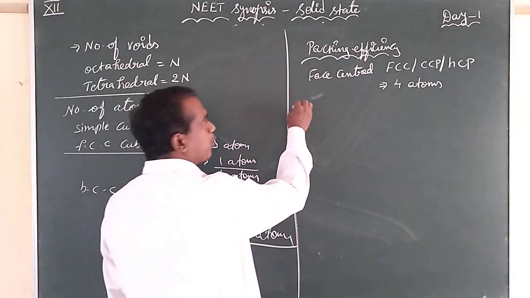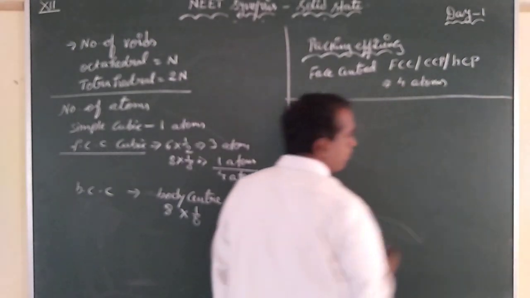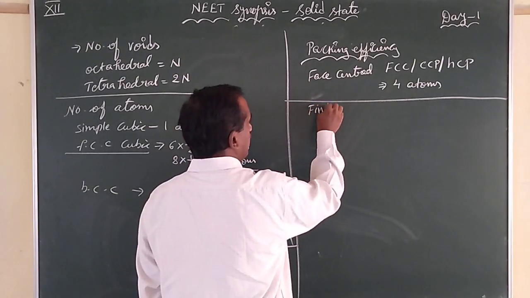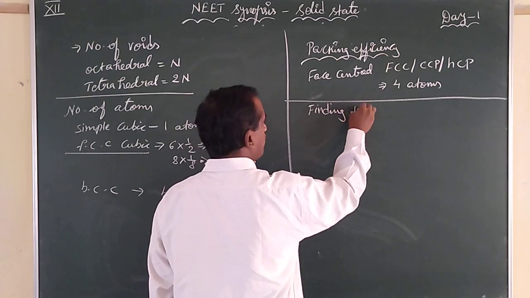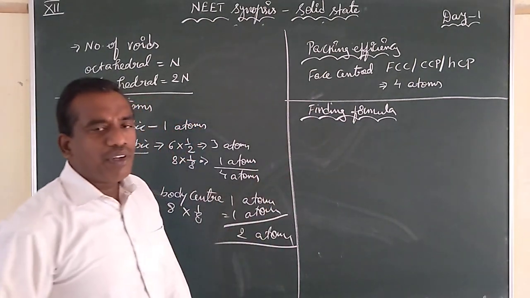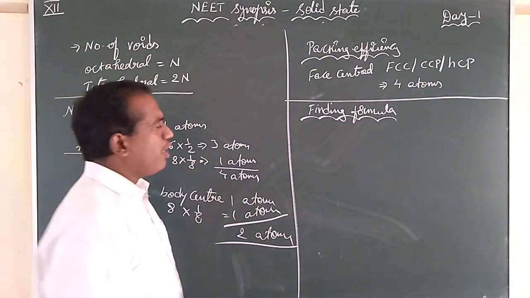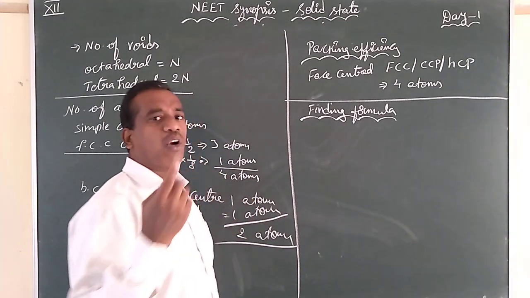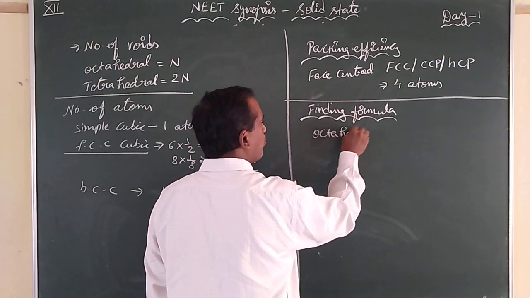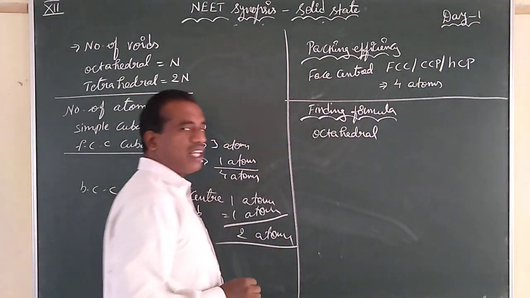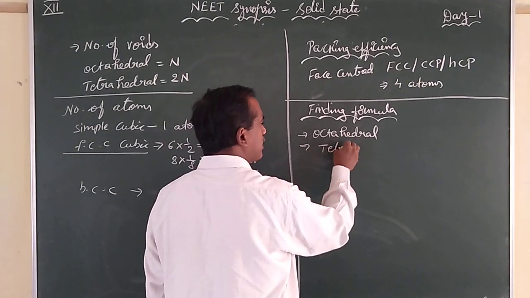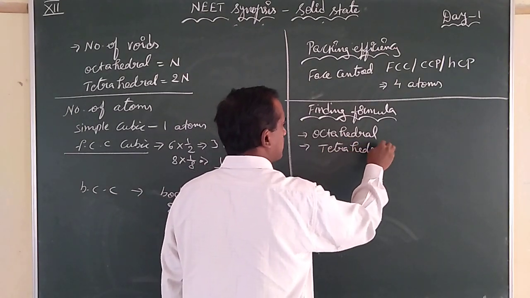When you are working with problems related to finding the formula of a compound, they will mention that the atoms are occupying the octahedral voids, or that the atoms are occupying the tetrahedral voids.